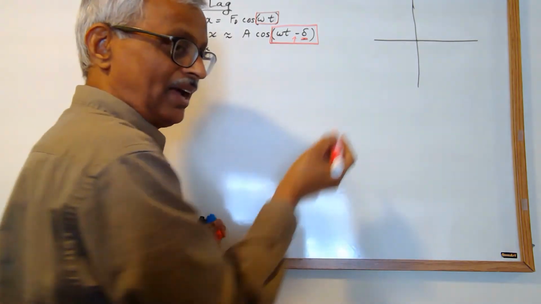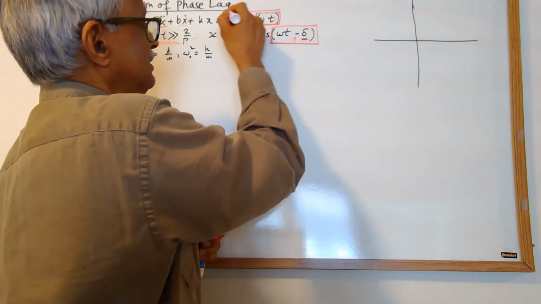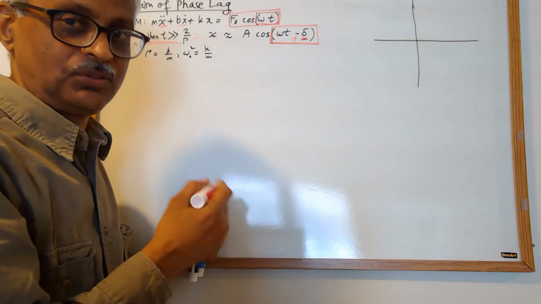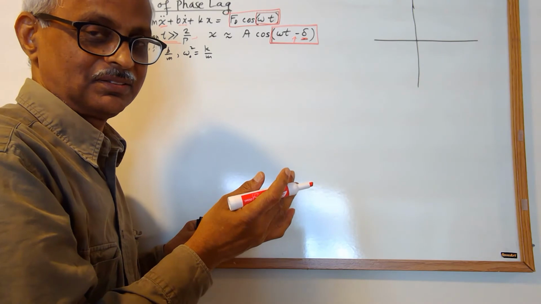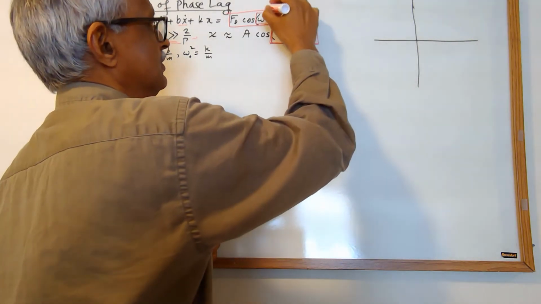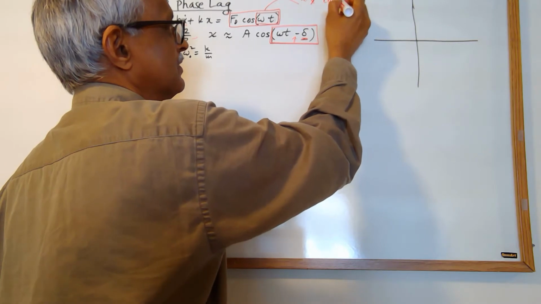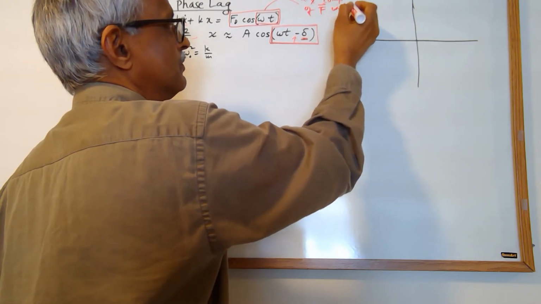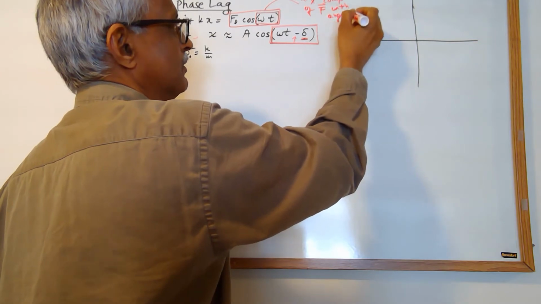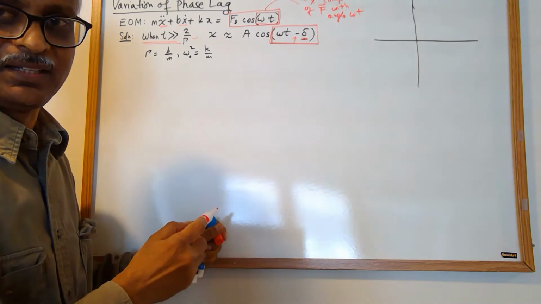So the phasor diagram is just, you think of this as a vector in 2 dimensions. This is the x component of that vector. Okay, so this is the fictitious x component of that, with angle omega t. So theta is this omega t, right?